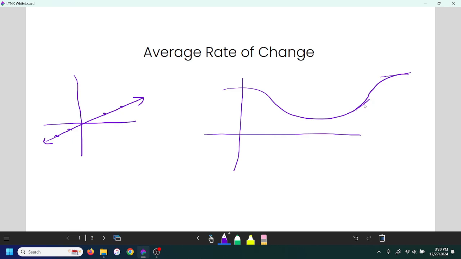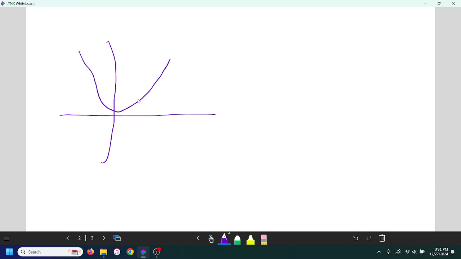So what we do with functions that are not linear is we can calculate what is the average rate of change over a certain interval. And to do this, we're basically looking at the slope of a line that would pass through 2 points on that graph.